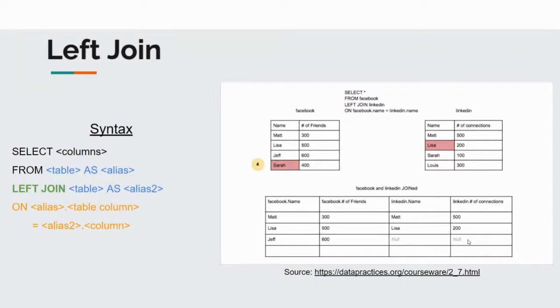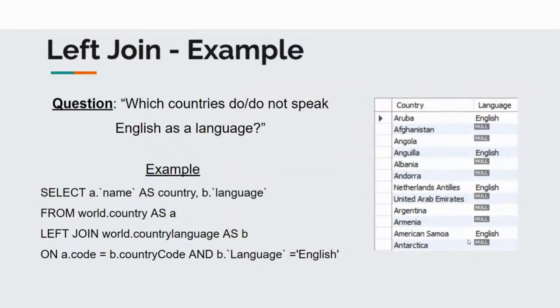All right, so let's go ahead and do an example here. Here's a good one: which countries do not speak English as a language? We're going to take the world.country table and left join world.country language on your key, the country code.